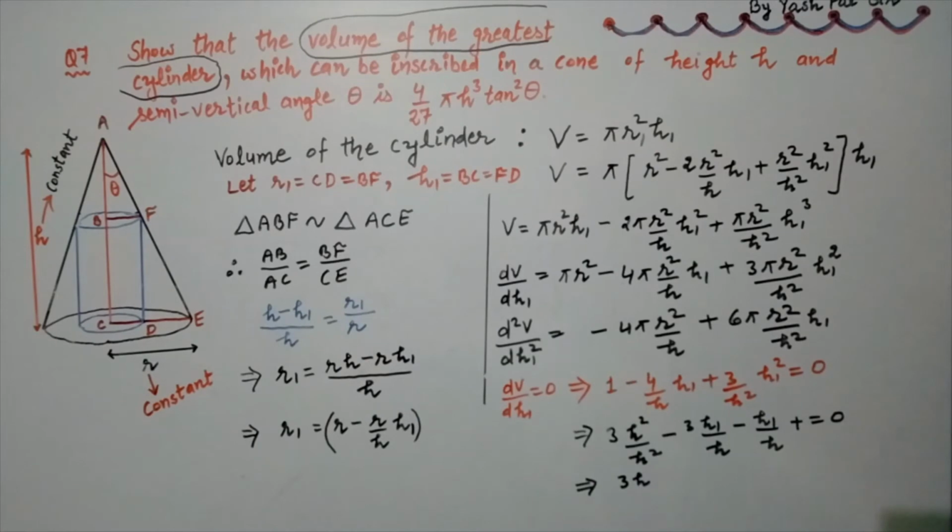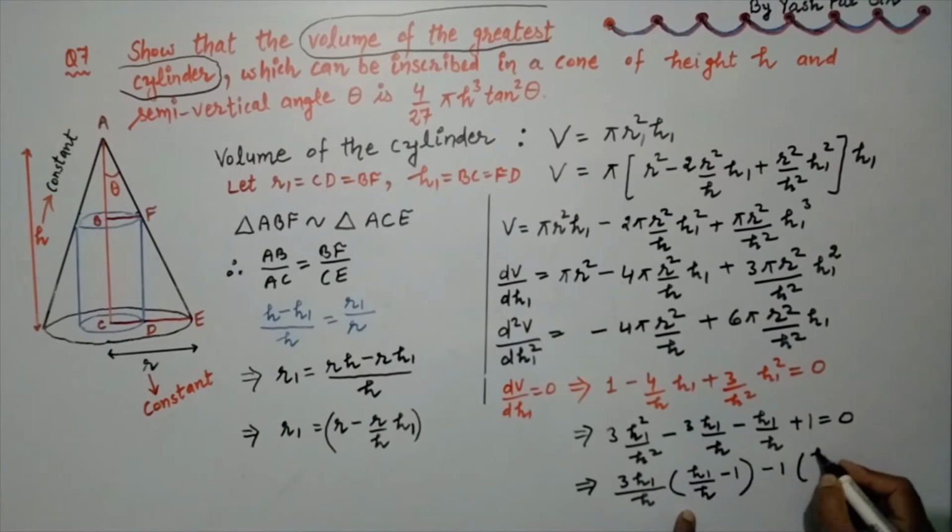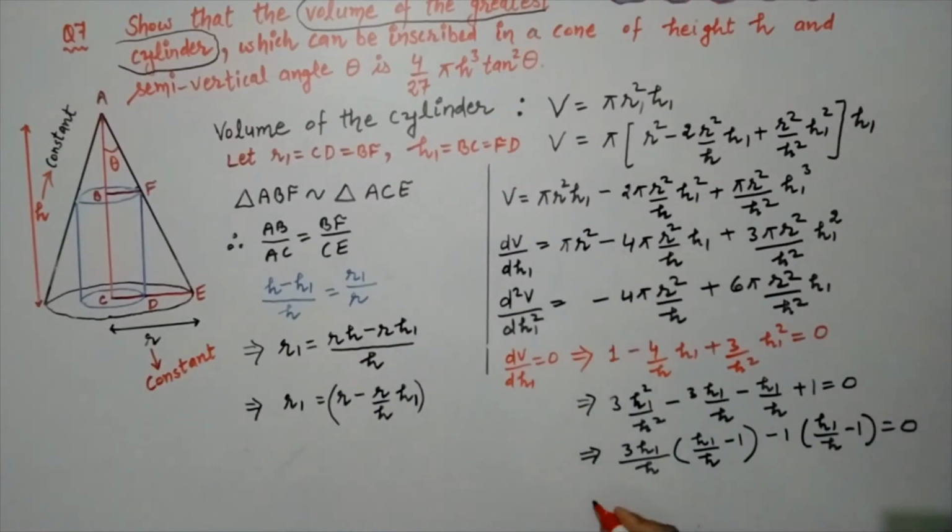So here this is again equal to 3H1 upon H, taking this common we have H1 upon H minus 1, again minus 1 taken outside, so H1 upon H minus 1 equal to 0.